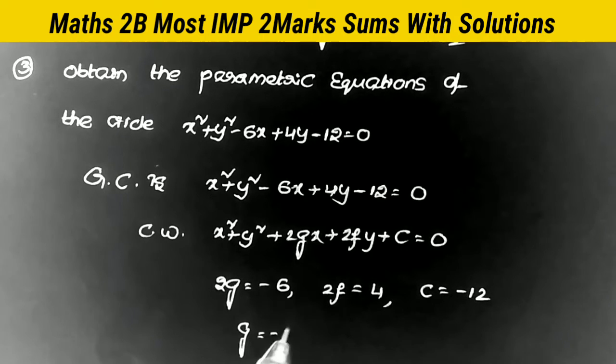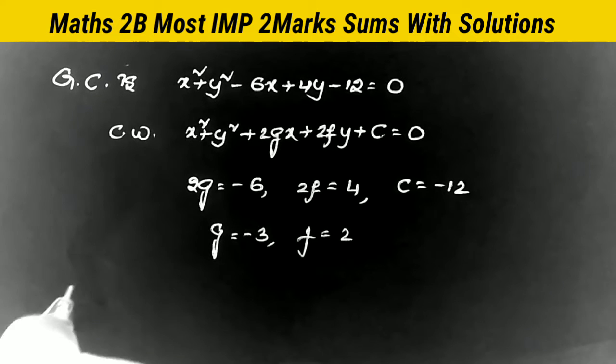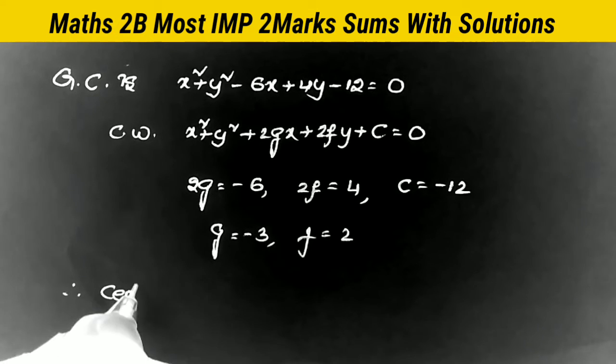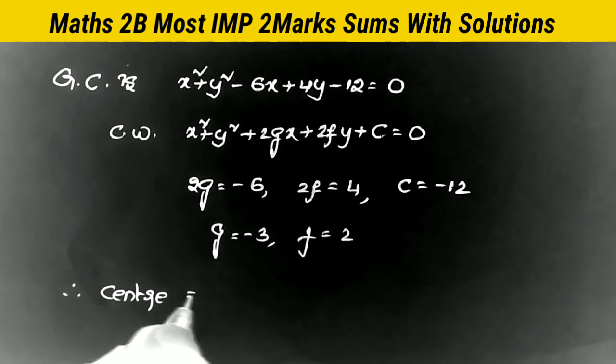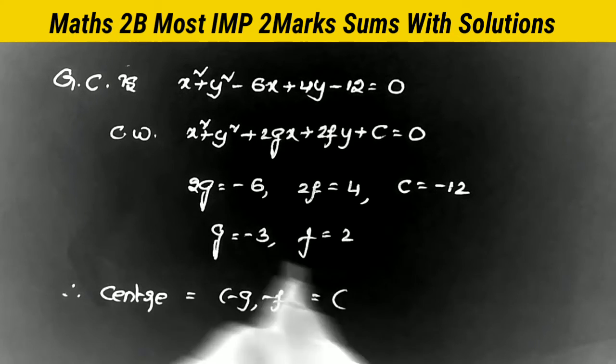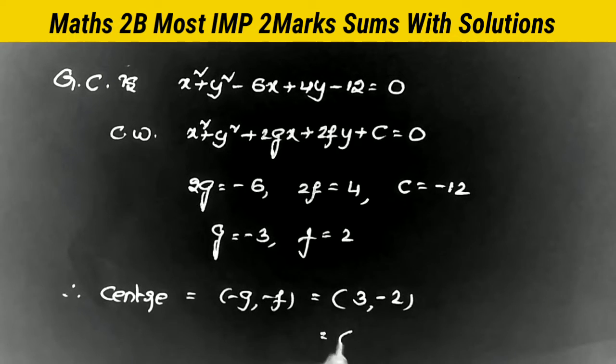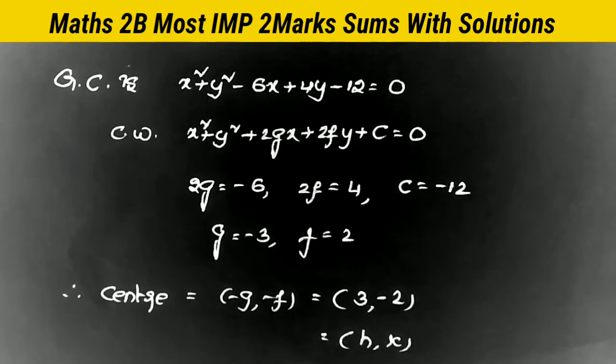That is, g is equal to minus 3, f is equal to 2. Therefore, center is equal to, what is the center formula for this equation? Minus g comma minus f, that is equal to minus of minus 3, which is 3, and minus 2. And we take that center is equal to h comma k.